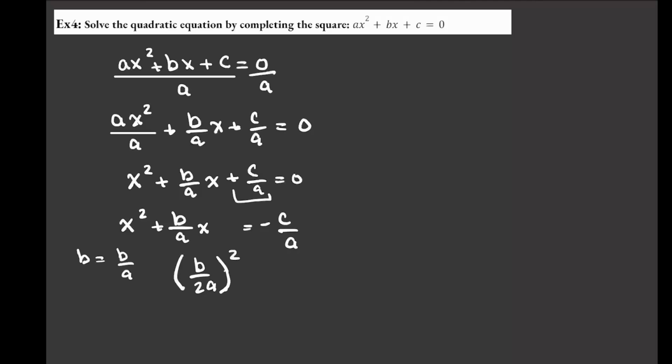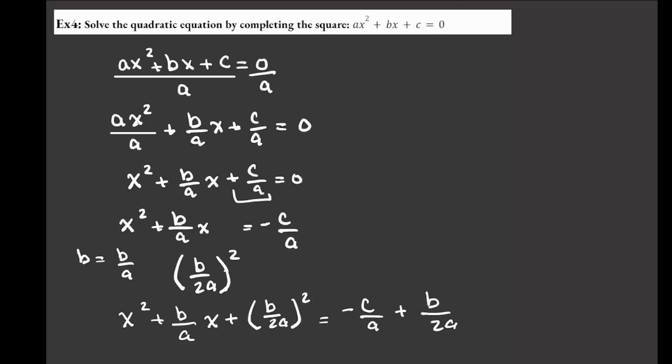So now from here, my next step is adding the results from my previous step, which is the results from multiplying by 1/2 and squaring the b value. So here I would have x squared plus b over a x plus b over 2a squared is equal to negative c over a plus b over 2a squared.